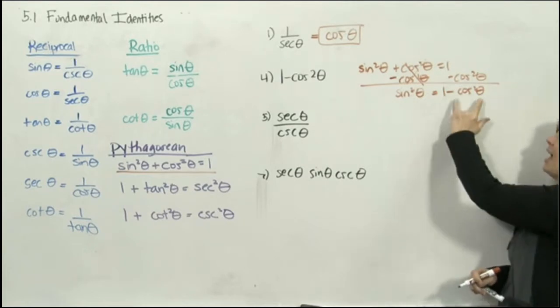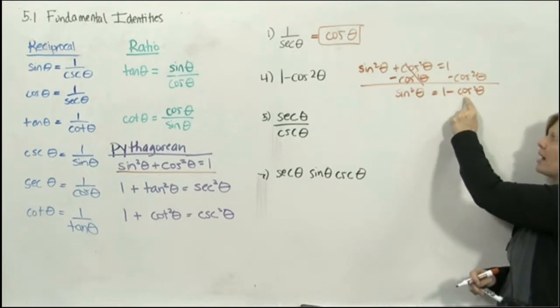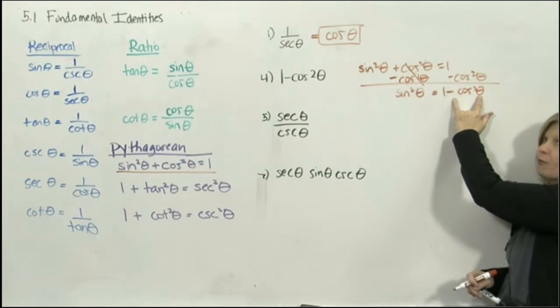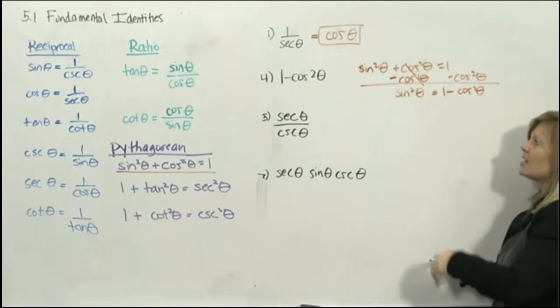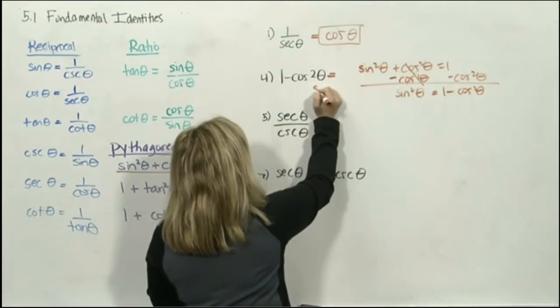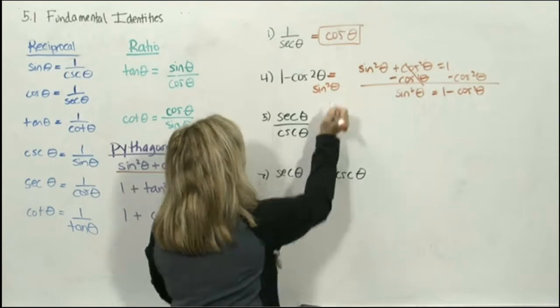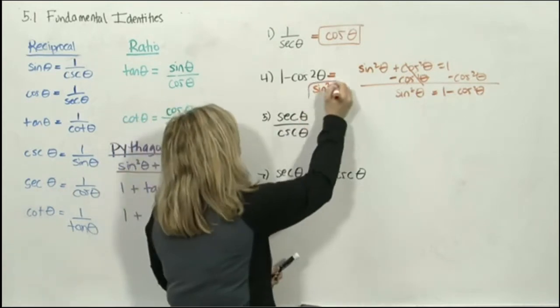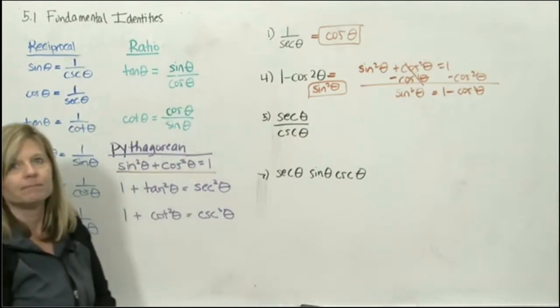That means every time I see 1 minus cosine squared theta, I can substitute it for what it equals, which is sine squared theta. And if I replace 1 minus cosine squared theta with sine squared theta, I have now made this a monomial, one term, and that is simplified.